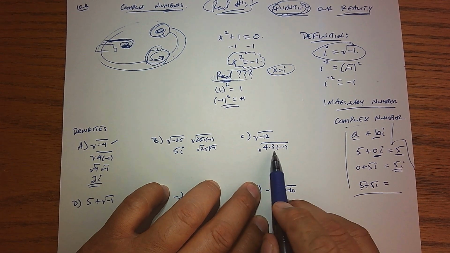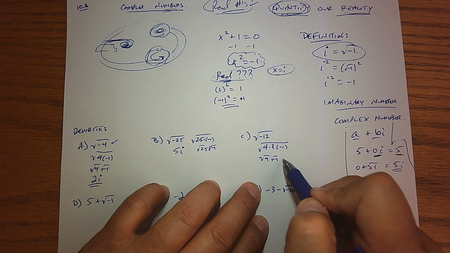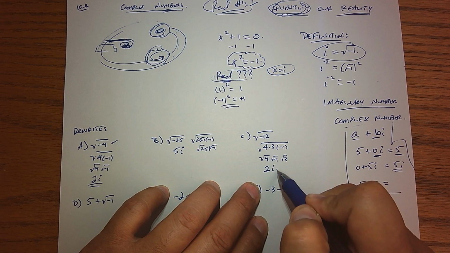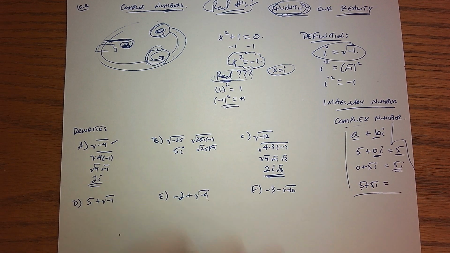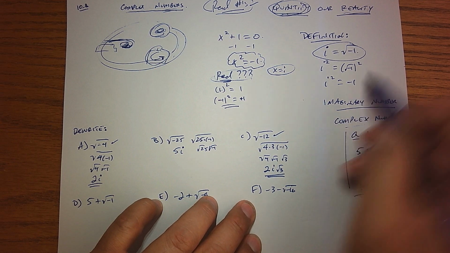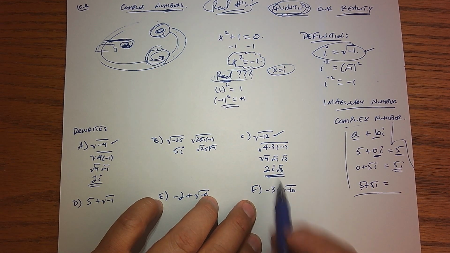So there's a product that's equal to 12. We know the square root of 4, the square root of negative 1, and the square root of 3. This is 2, this is i, and that's the square root of 3. So that's how we would write this number now. That number actually has a definition because of our definition. It's still not real, it's purely imaginary.